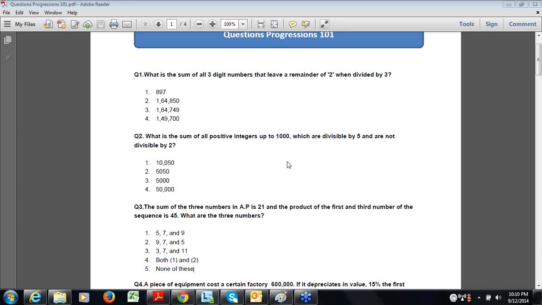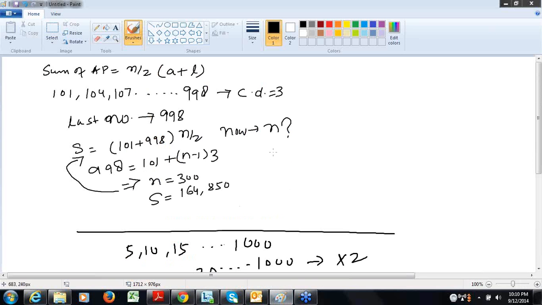Question number 1 is asking: what is the sum of all 3-digit numbers that leave a remainder of 2 when divided by 3? So you know what the sum of an AP is: N by 2 into (A plus L), where A is the first number and L is the last number of the series.